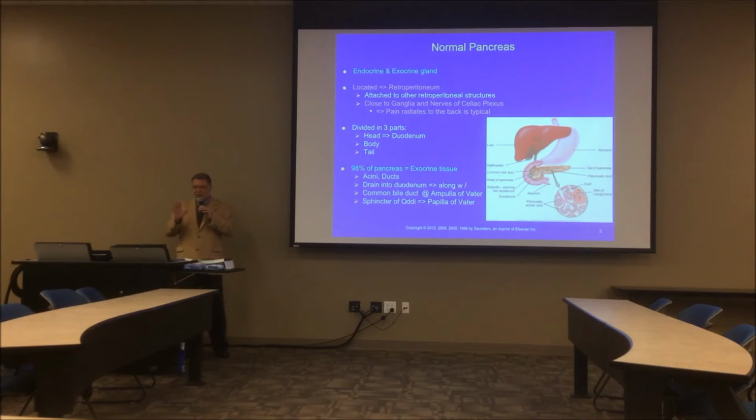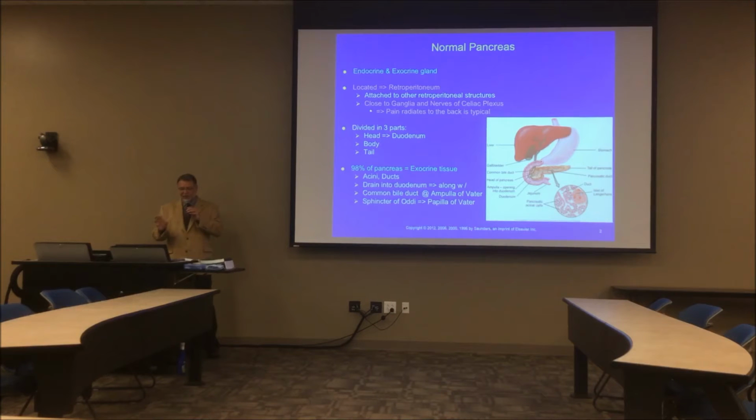Now, the other thing is that it's very close to certain ganglia and nerves of the celiac plexus. So pain is going to be radiated to the back, referred to the back side. So back pain at about the level of T12, L1, that's going to be the level of the pancreas. That's where the pain is going to be located.